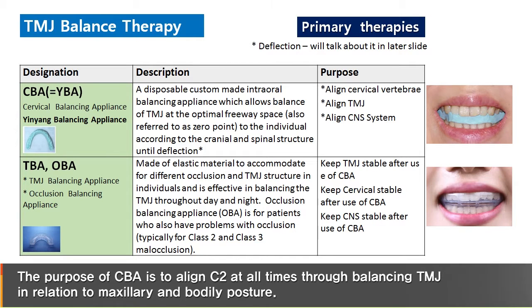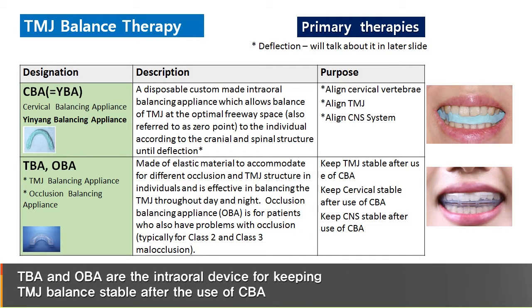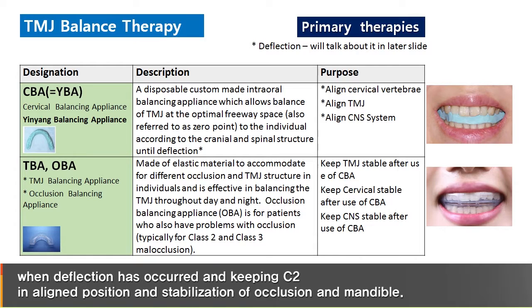The purpose of CBA is to align C2 at all times through balancing the TMJ in relation to maxillary and bodily posture. TBA and OBA are intraoral devices for keeping TMJ balance stable after the use of CBA when deflection has occurred, keeping C2 in aligned position and stabilizing occlusion and mandible.